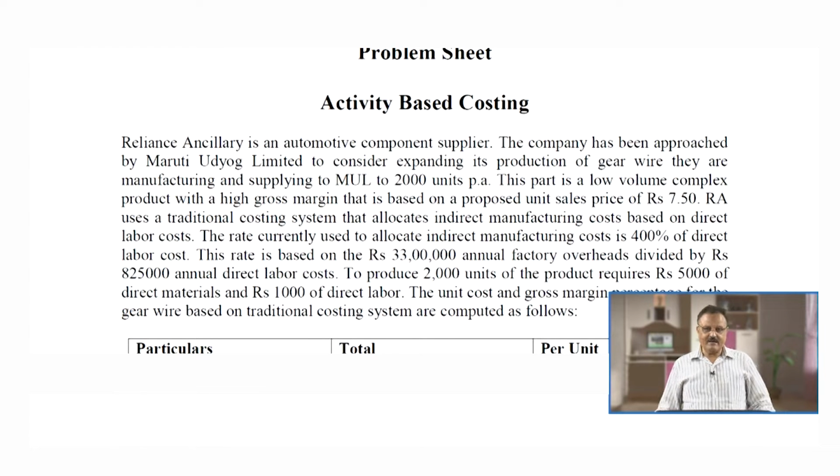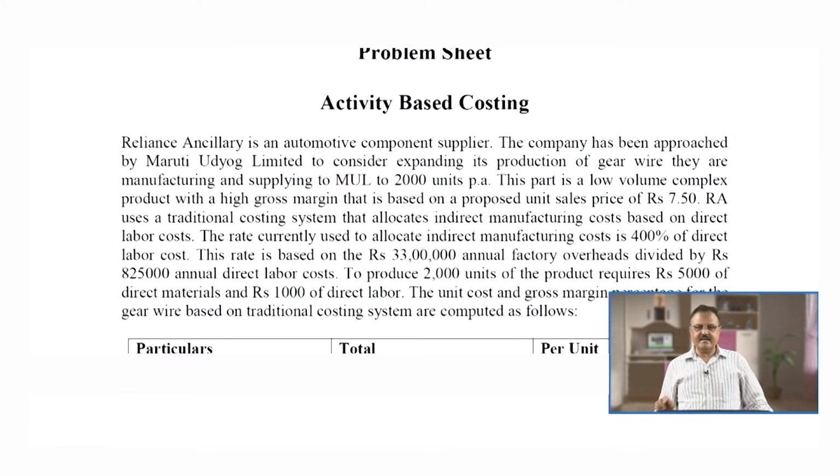I told you many times that overhead cost, the indirect cost or the fixed cost, is allocated largely on the basis of either material or labor, and not directly because there is no other basis. So, in this case they are allocating these indirect costs or fixed overheads on the basis of direct labor. The rate currently used to allocate indirect manufacturing cost is 400% of the direct labor cost.